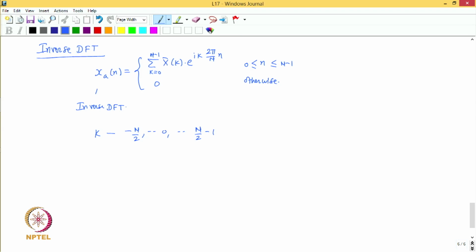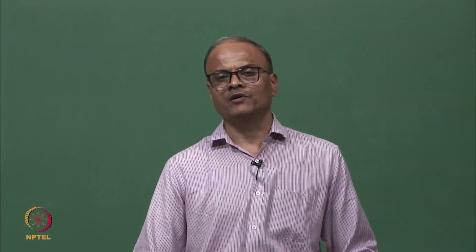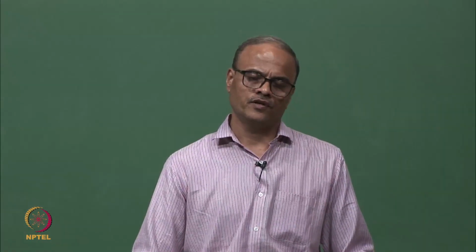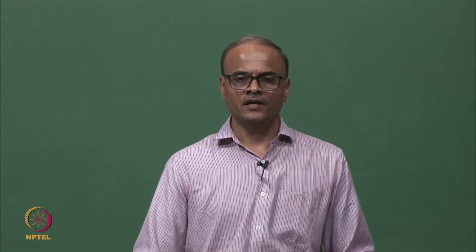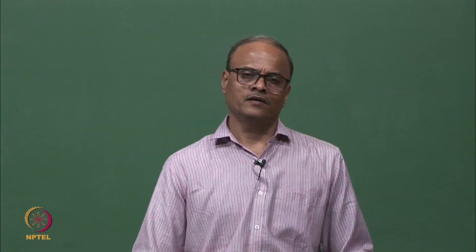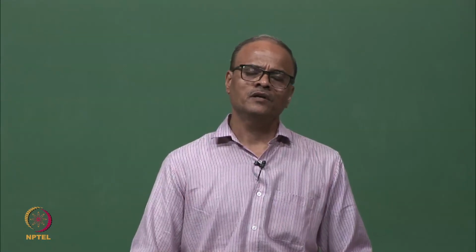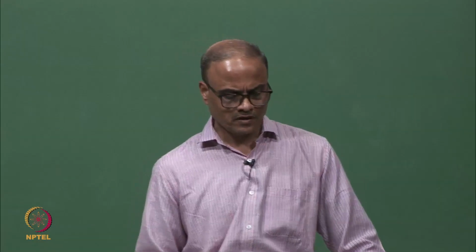We also note that in the expressions we got, the factor 1 by n appears in the expression for DFT, but in literature alternative derivations of these expressions exist, and there the factor 1 by n appears in the expression for IDFT. So let us now summarize the results we got.